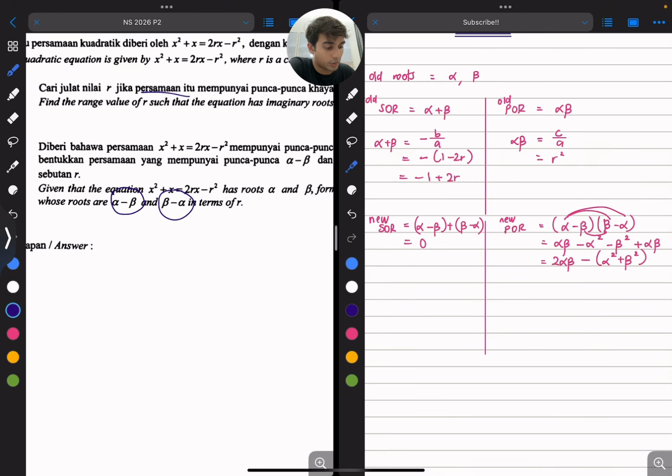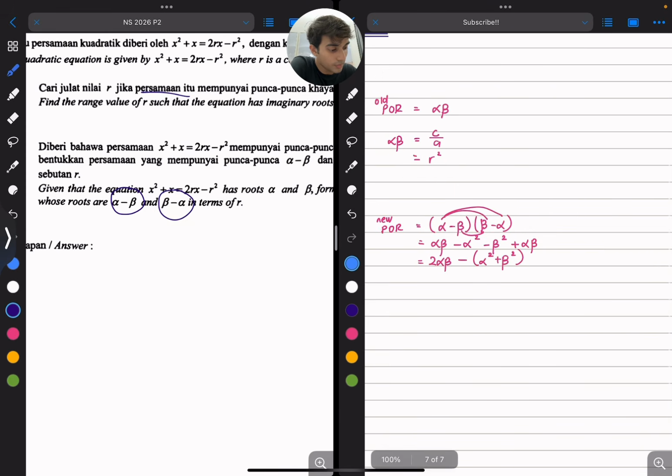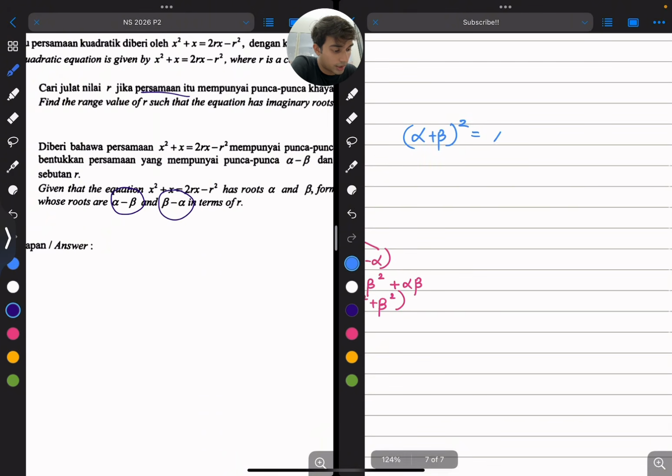So if you want to find alpha square plus beta square, you can't just square this, because alpha plus beta, if we just square it, you will get alpha square plus 2 alpha beta plus beta square. So alpha square plus beta square is alpha plus beta square minus 2 alpha beta.